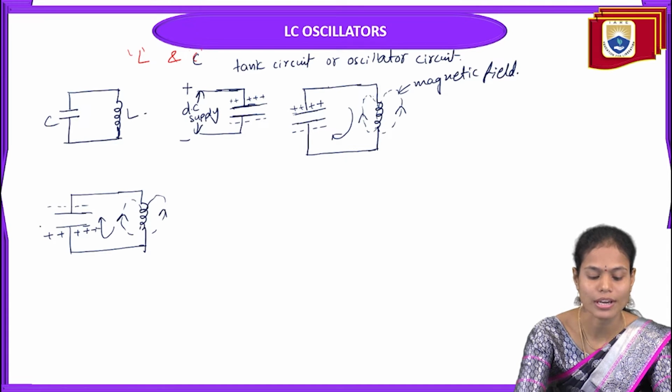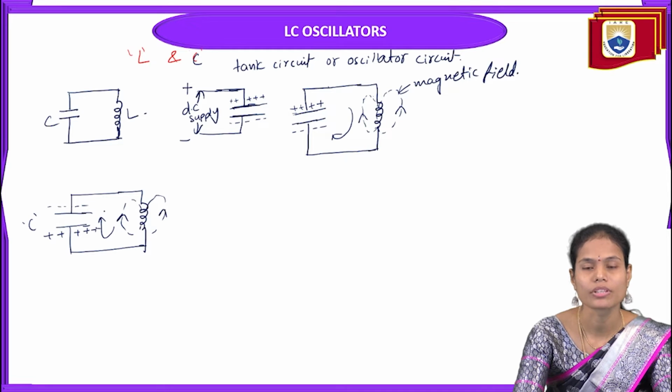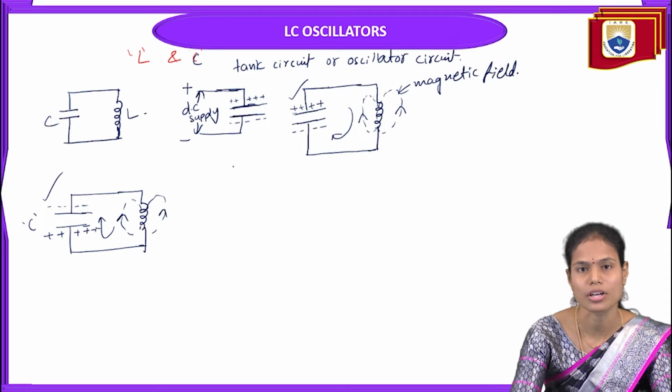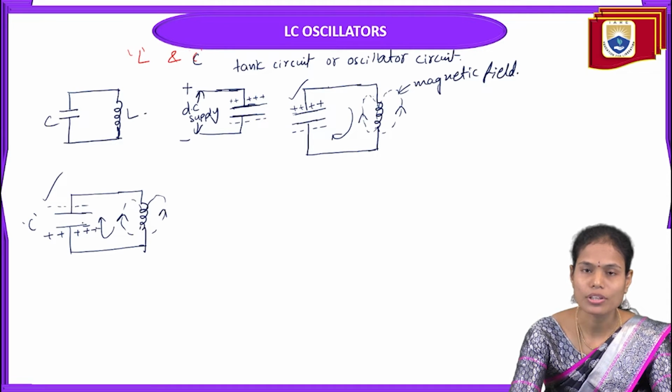So here it is positive charge, here it is negative charge. And after totally charging the capacitor, again it will discharge through the inductor.